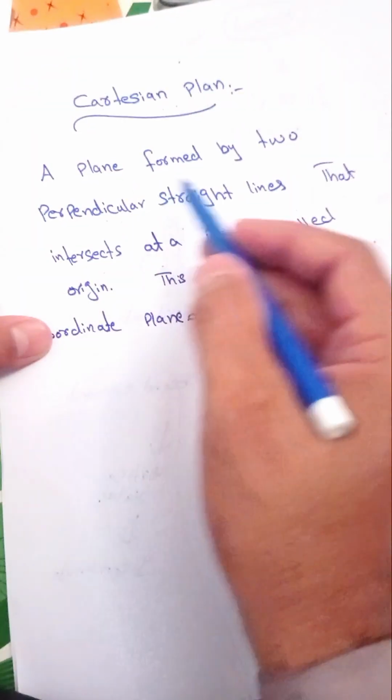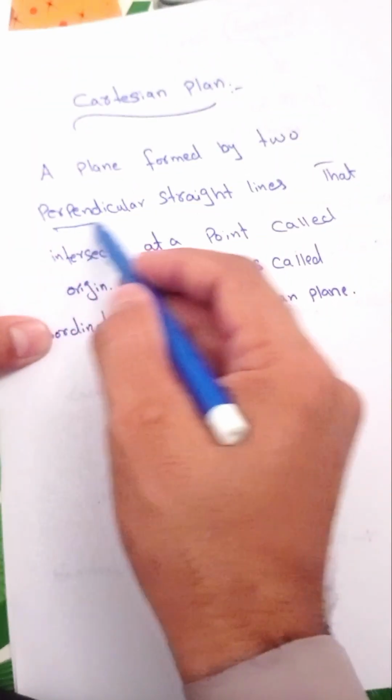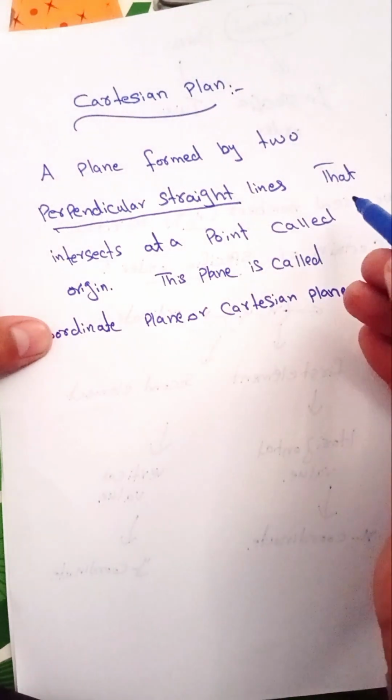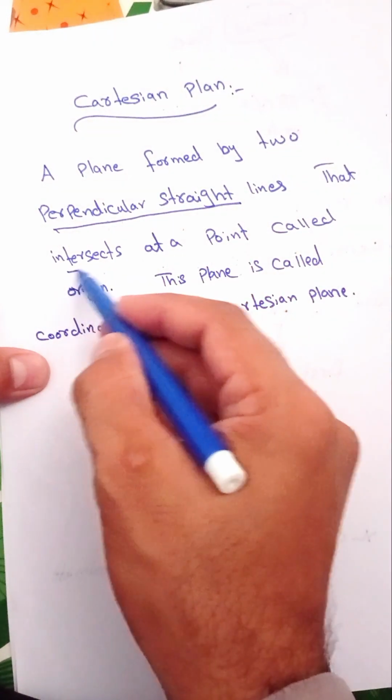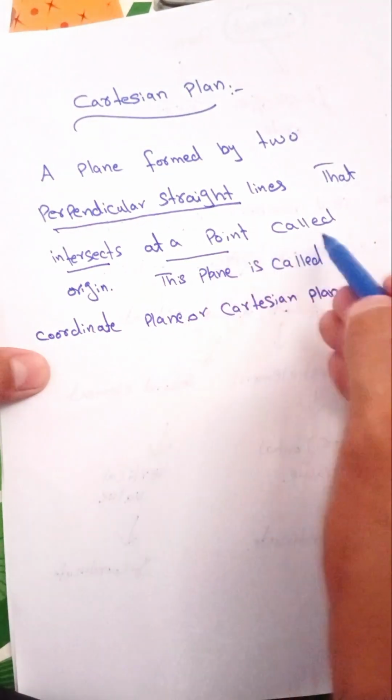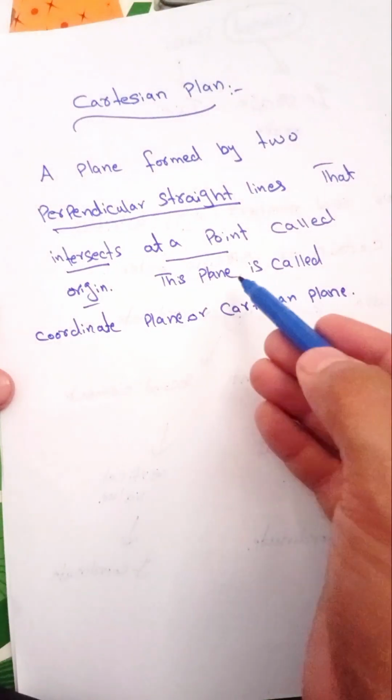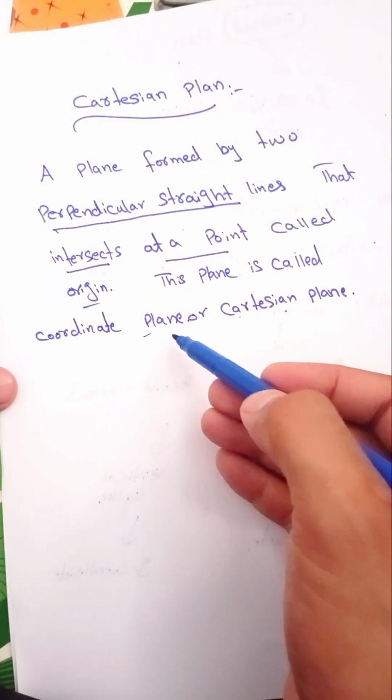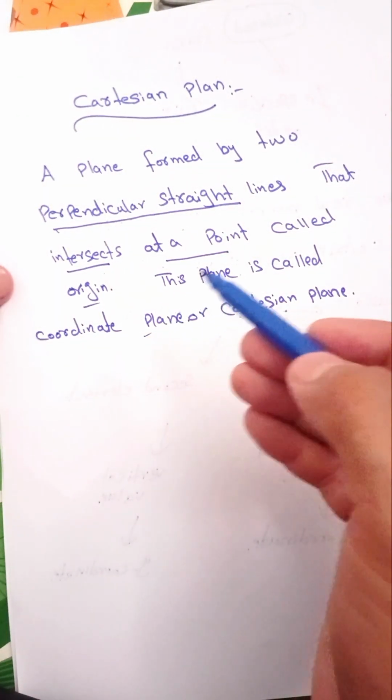A plane formed by two perpendicular straight lines that intersect at a point called the origin is called a Cartesian plane or a coordinate plane.